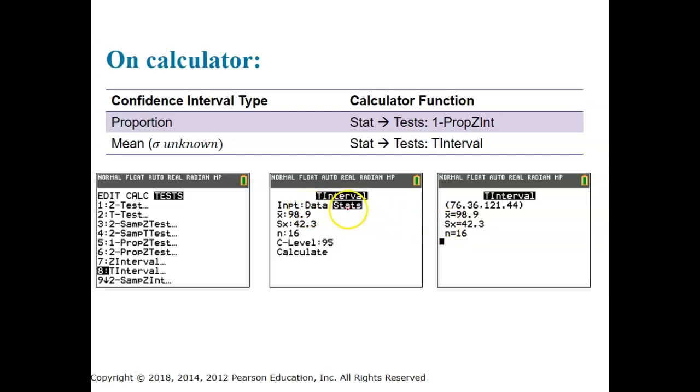Stats is when you're given the summary statistics. We were told the mean was 98.9, the standard deviation was 42.3, and the sample size was 16. We wanted a 95% confidence level. When you press enter and calculate, here is your interval, and that's consistent with what we calculated by hand.